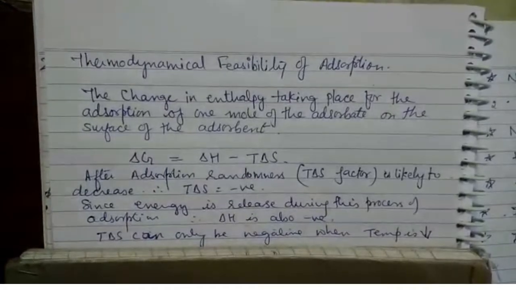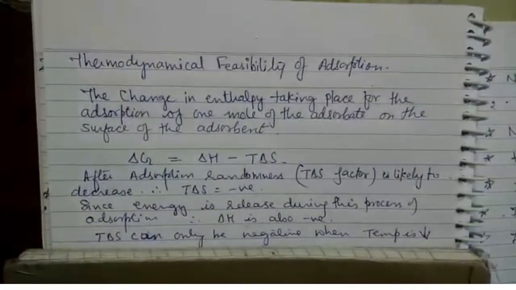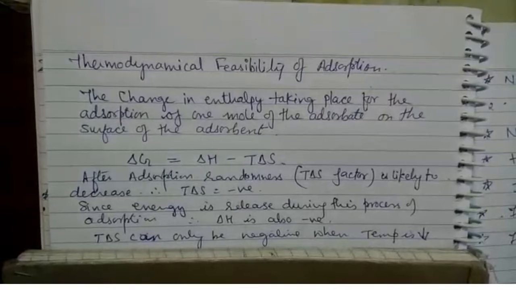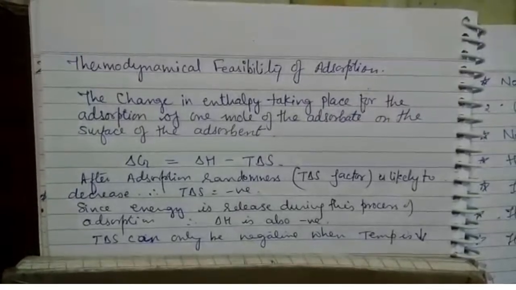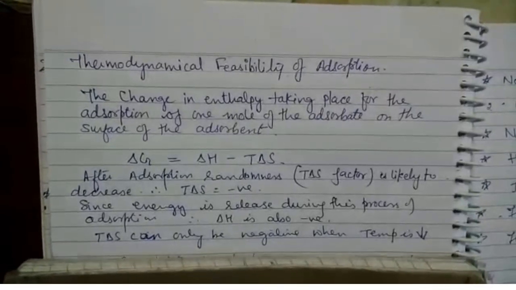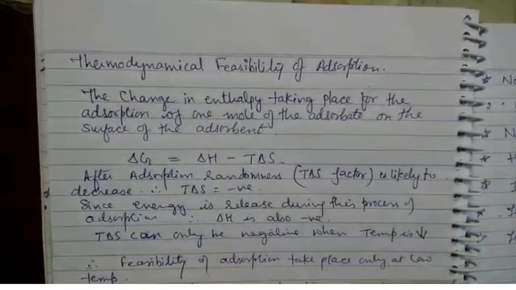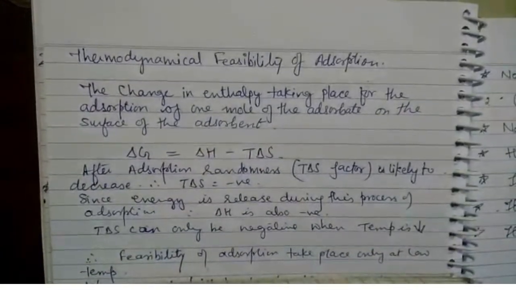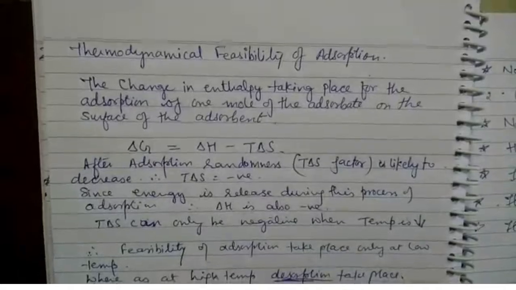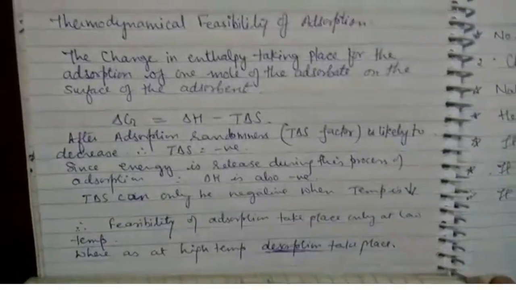So the feasibility of the reaction only depends upon the temperature. If the temperature is low, the adsorption process will be feasible, but it will become non-feasible when the temperature is high, and the process of desorption takes place at that time.